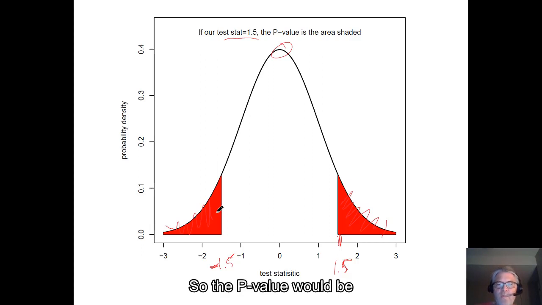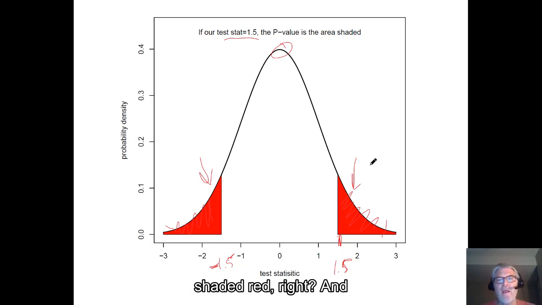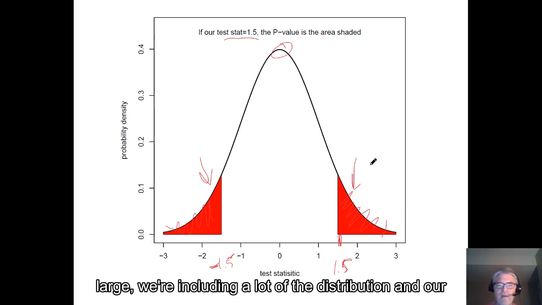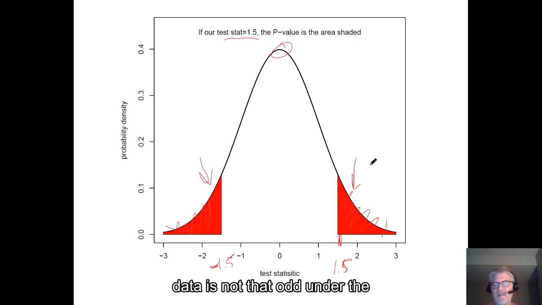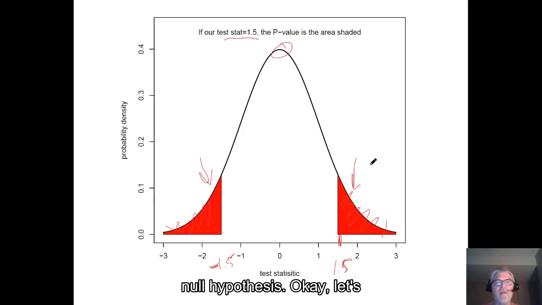So the p-value would be the sum of the areas in both of these regions that are shaded red, right? And we use that to assess, is the data really different from what the null hypothesis is predicting? If the p-value is very large, we're including a lot of the distribution, and our data is not that odd under the null hypothesis, so we tend to not doubt the null hypothesis.